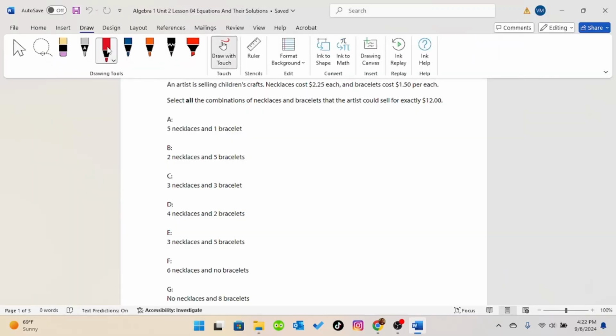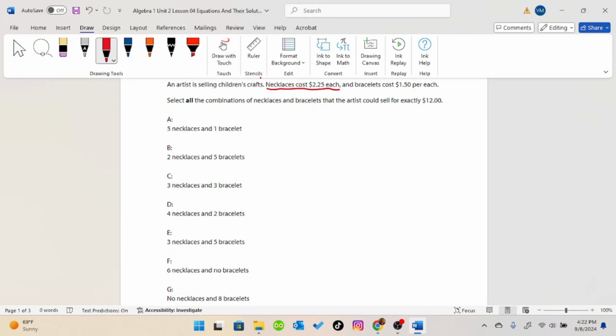Our first practice problem for Lesson 4. An artist is selling children's crafts. Necklaces cost $2.25 each, so I'm going to underline that information.